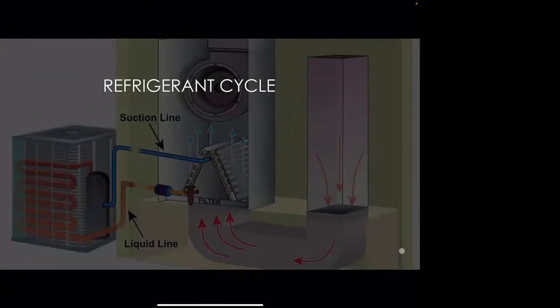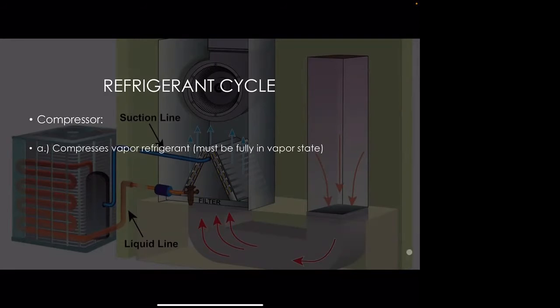So the refrigeration cycle, we got our different components within that cycle. Of course, the first is the compressor, which is what we're going to be discussing today. And that compressor compresses vapor refrigerant. So as it gets back to the compressor, okay, we want it to be fully in the vapor state.